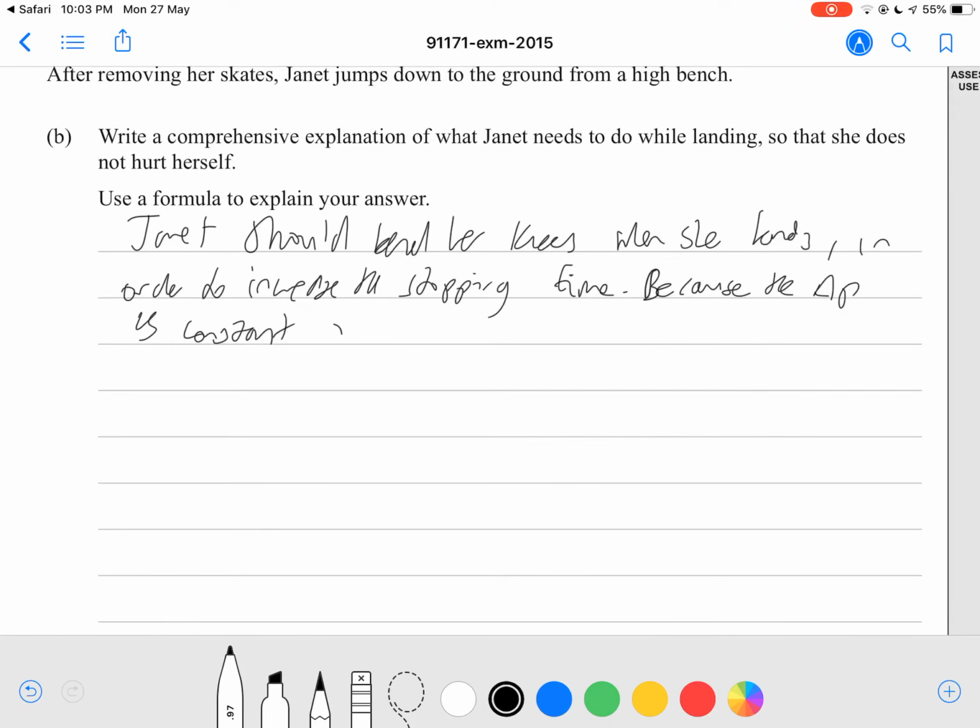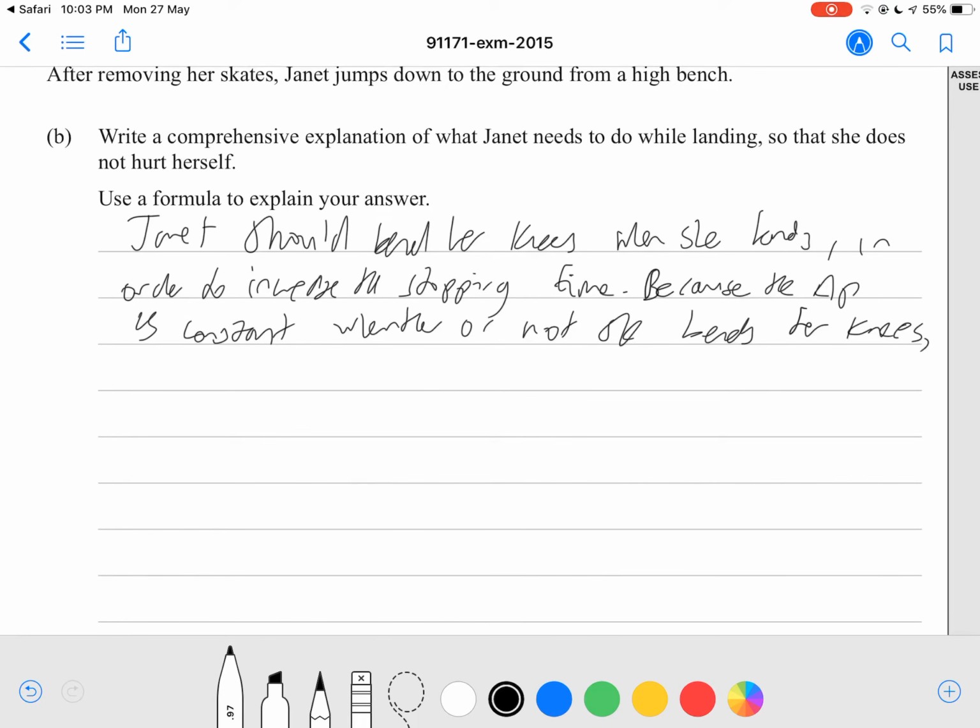It's constant whether or not she bends her knees. Because you know that if she bends her knees, or if she doesn't bend her knees, she'll experience the same change in momentum. She starts from the same height above the ground, so therefore the change in momentum will be the same.